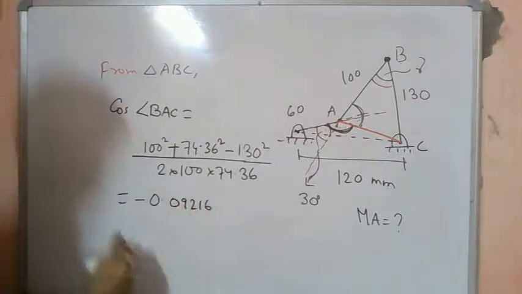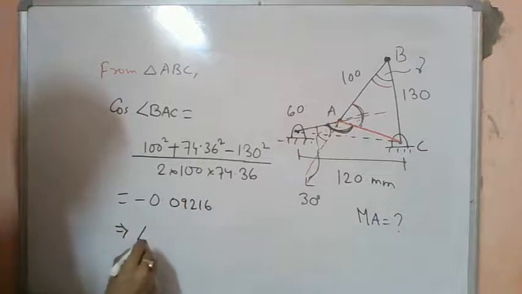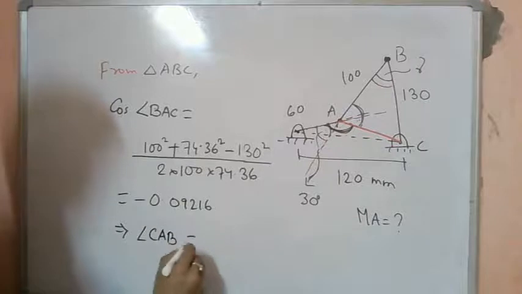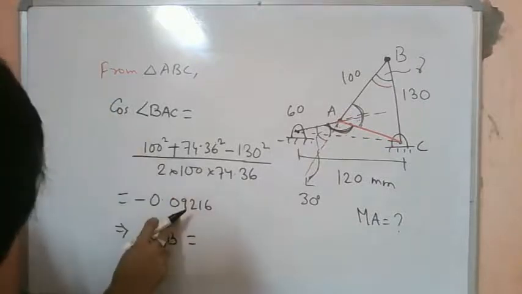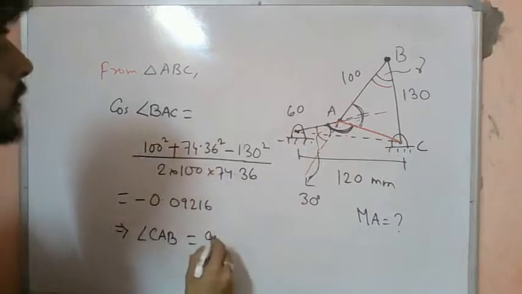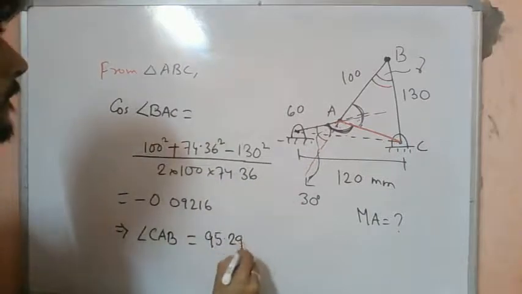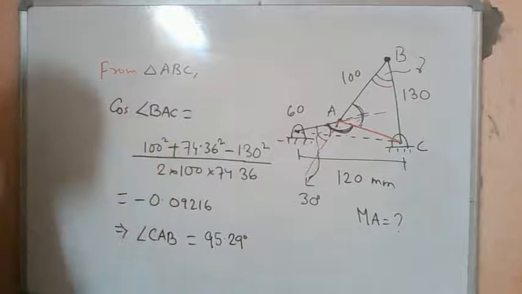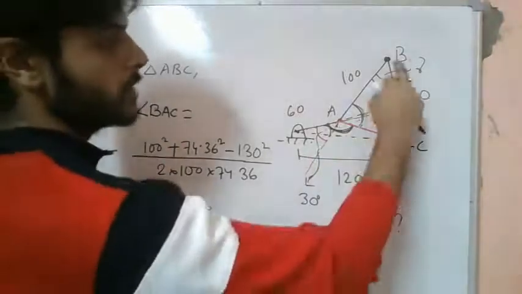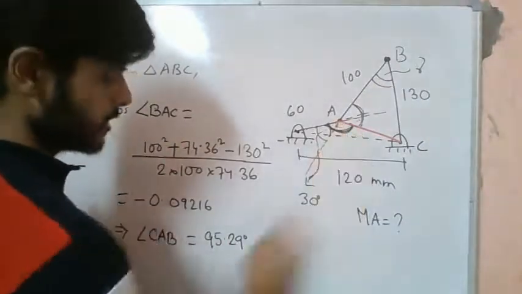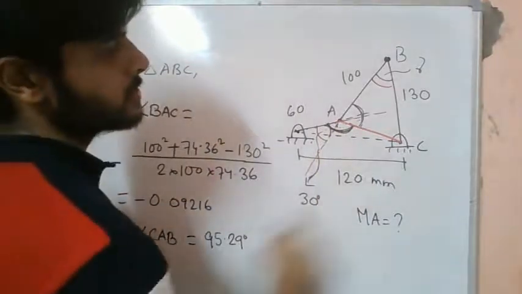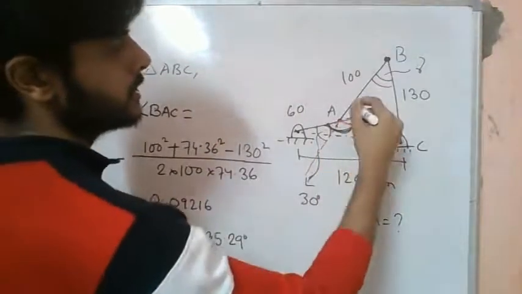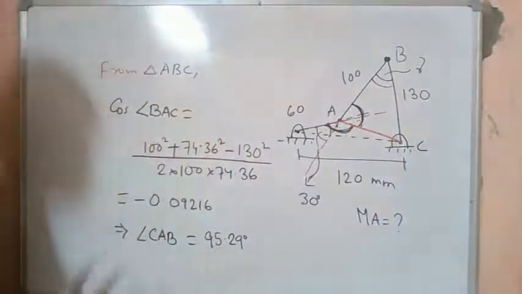From this we get angle CAB equals cos inverse of this, which is 95.29. So we have found angle CAB to be 95.29 degrees.